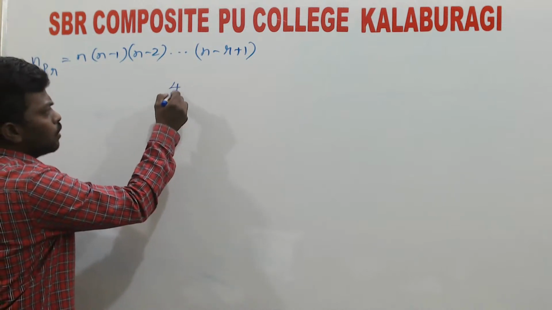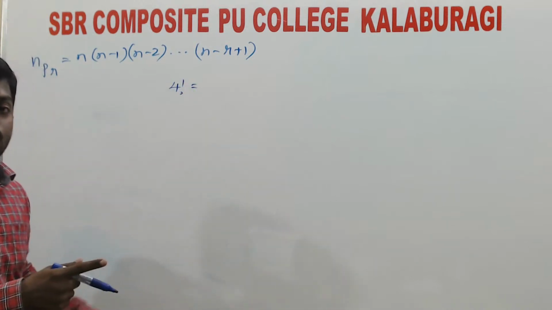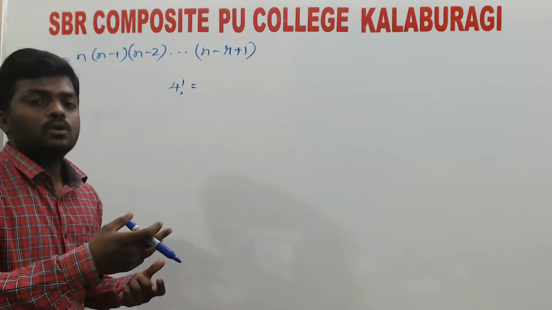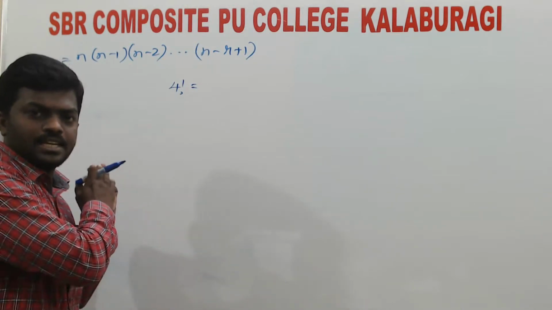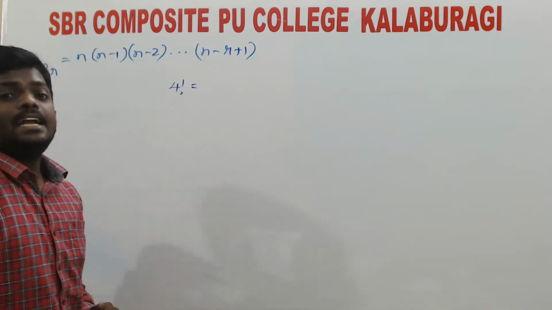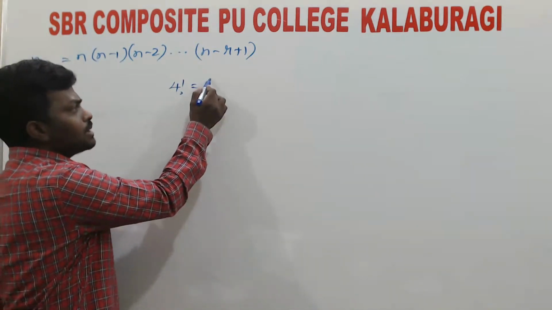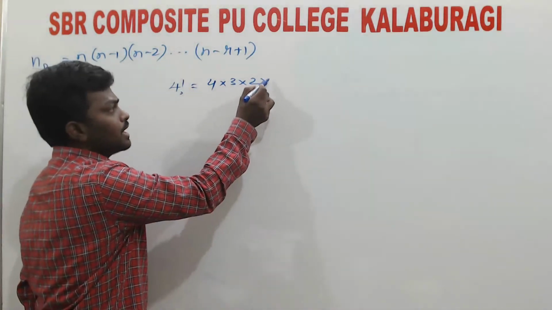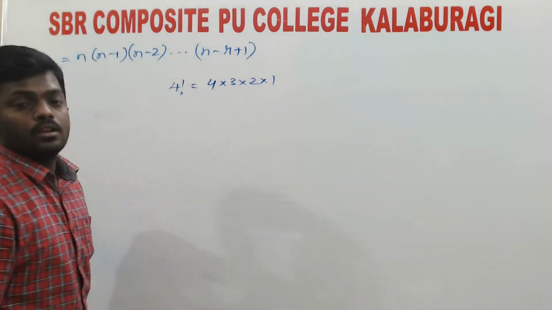For example, what is 4 factorial? 4 factorial is nothing but the product of the first 4 natural numbers. I have told you, while solving problems, use it in descending order. So 4 factorial means start with 4 and then it keeps on reducing till 1.